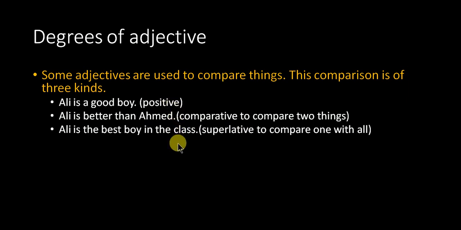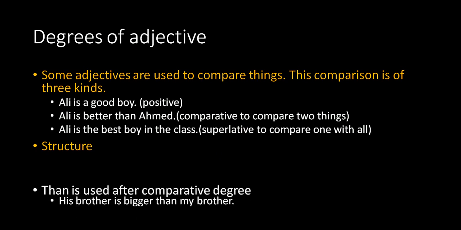Positive degree is used if you have no comparison. If you compare two things, you will use the second degree. And if you compare one thing with all other things in the same group, in the same class, then it is called superlative degree. Understand?